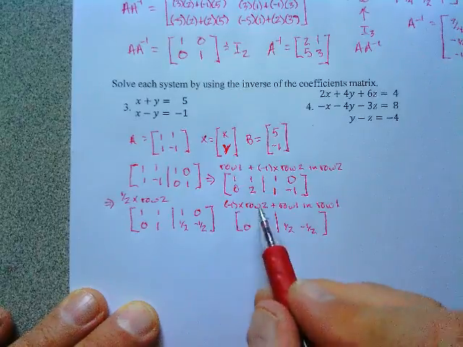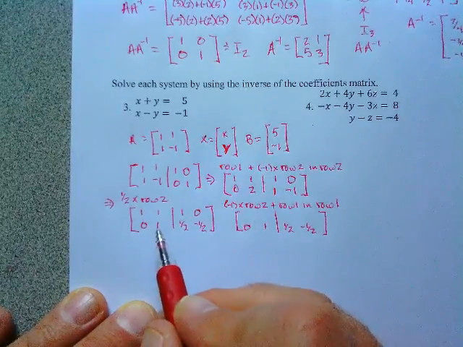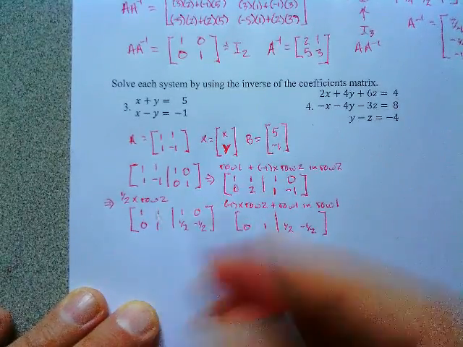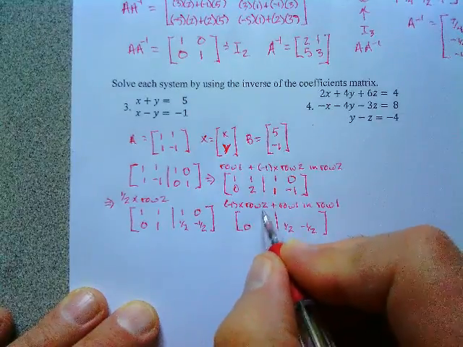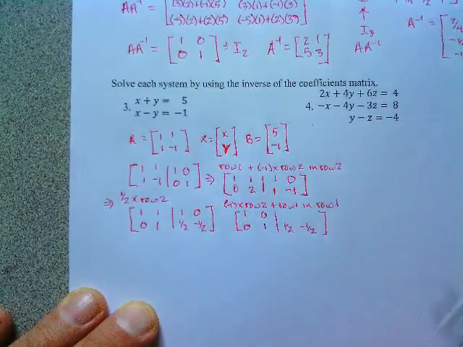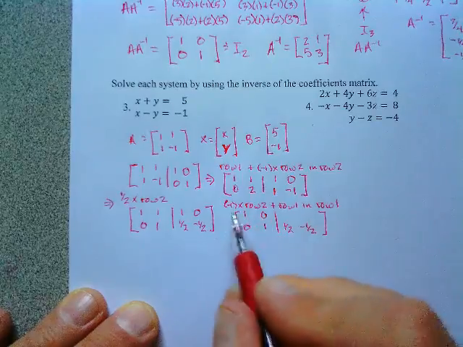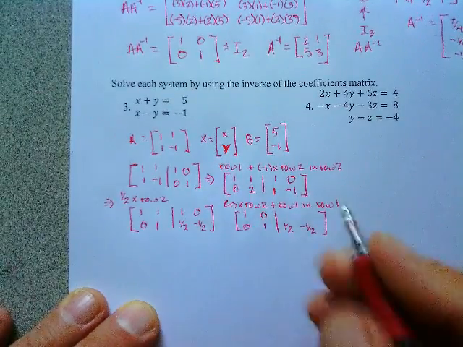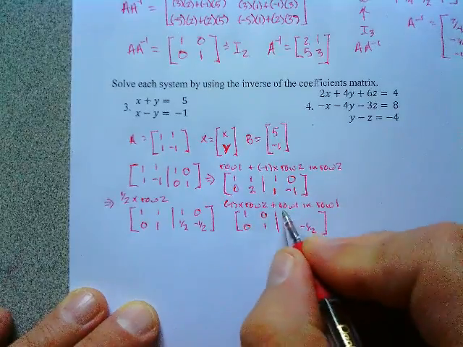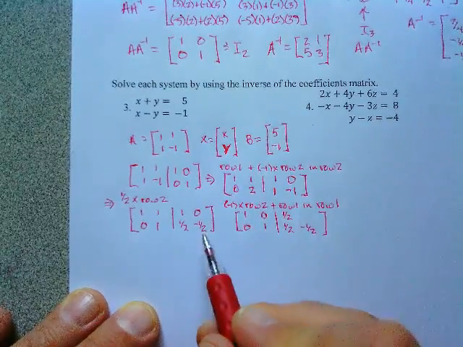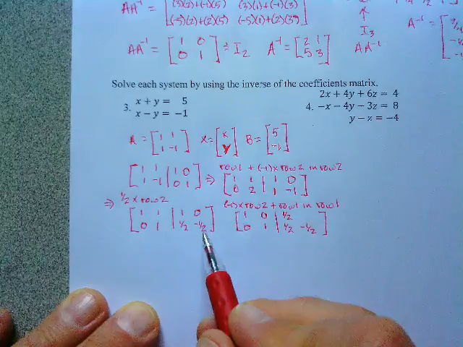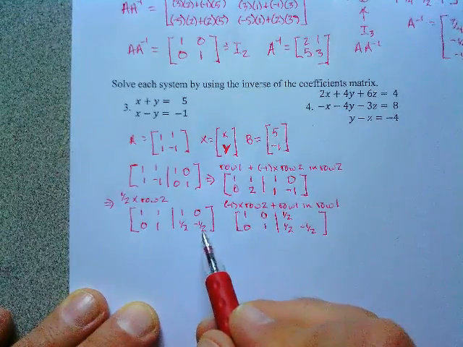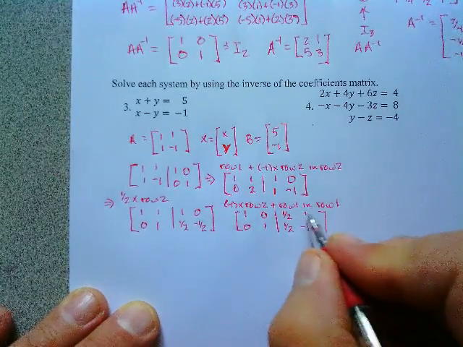So negative 1 times row 2, so negative 1 times 1 is negative 1, and 1 makes that 0. Of course, 0 and 1 is still 1. Negative 1/2 plus 1 gives me a 1/2. Negative 1 times a negative 1/2 is a positive 1/2, which puts a 1/2 up there.